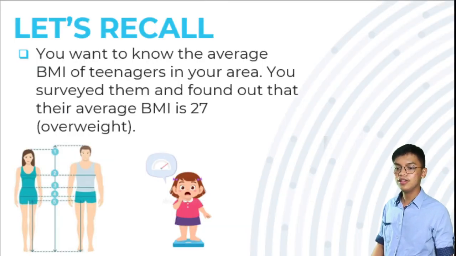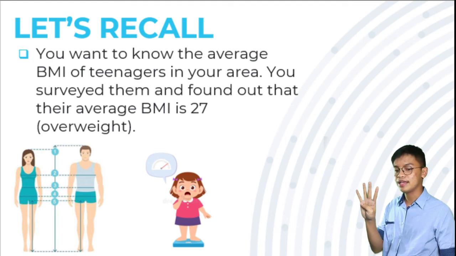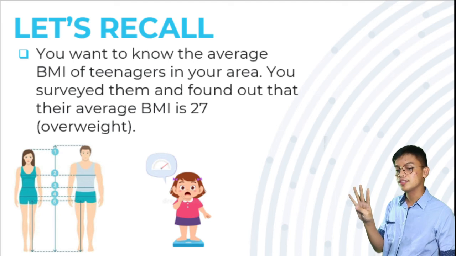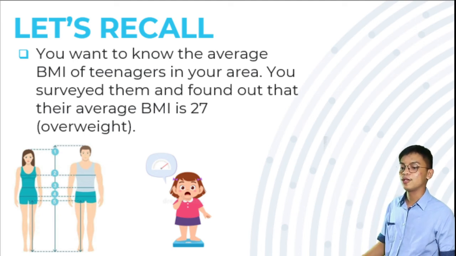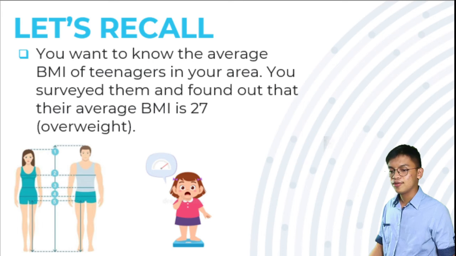So let's try to recall your 4 kinds of research through storytelling. You may want to identify what kind of research was used in the following. Let's go to the first scenario. So in the first scene, the teacher tried to determine the average BMI of teenagers in their area.